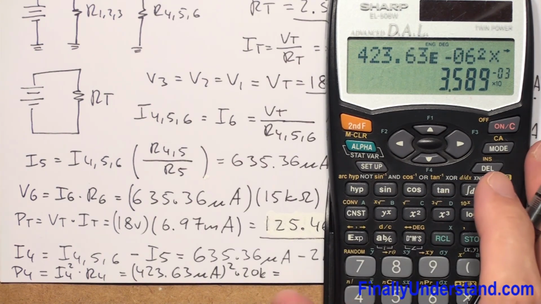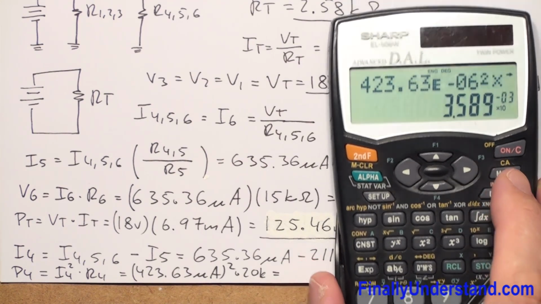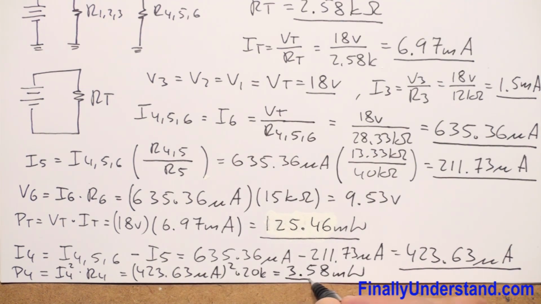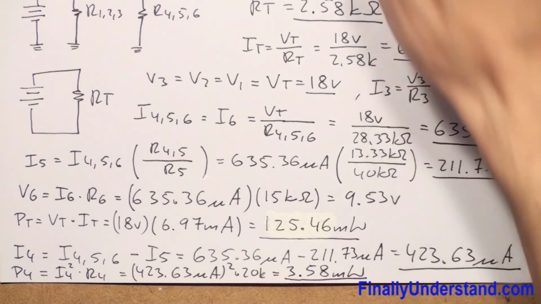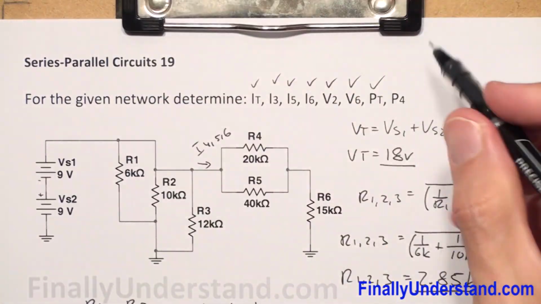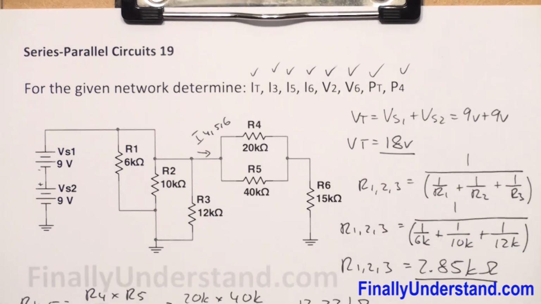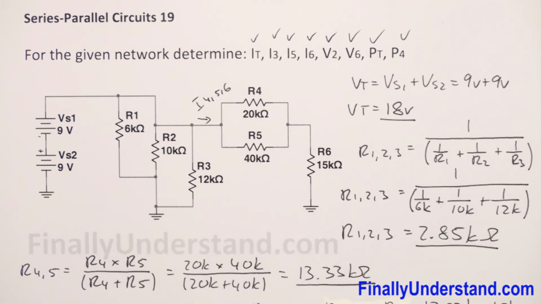This is equal to 3.58 milliwatts. So now we found P4, so now we can say that the problem is solved.